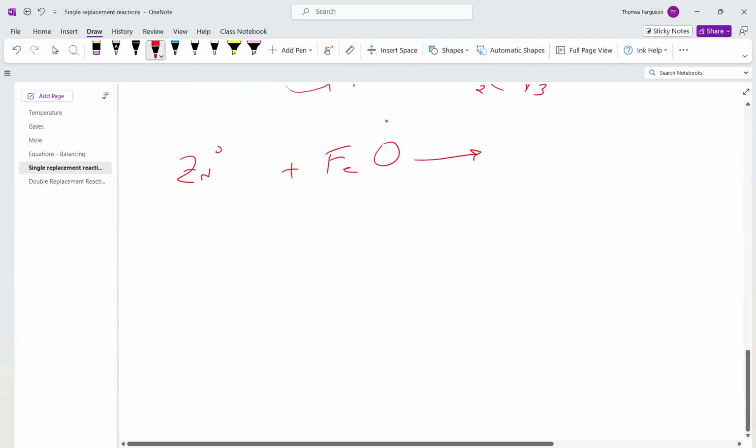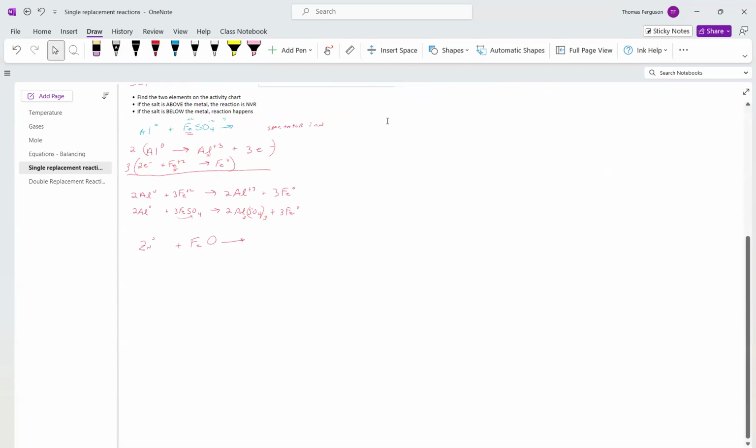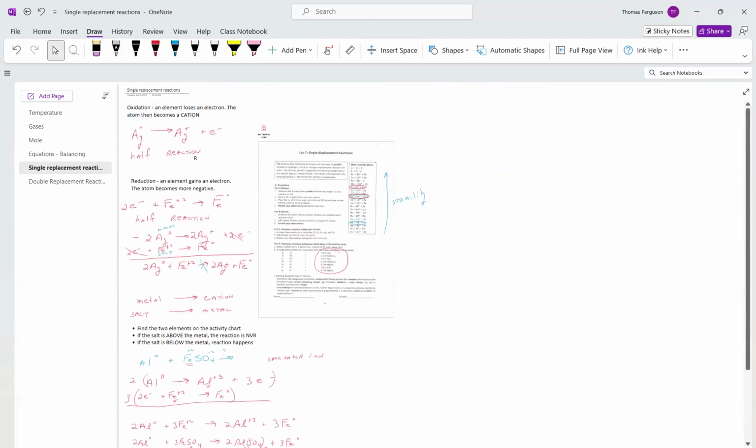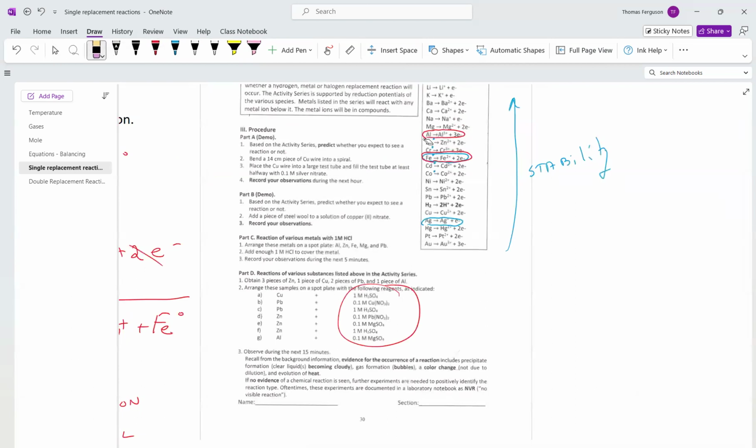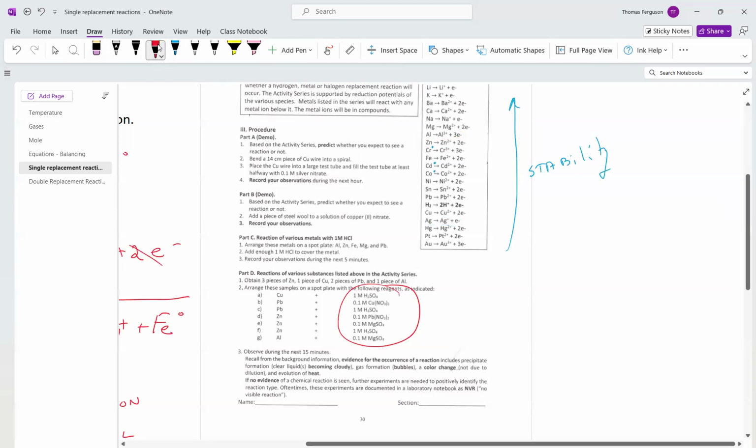Okay, so step one is find them on your chart. Okay, so here's iron. And where's zinc? Zinc is right here.